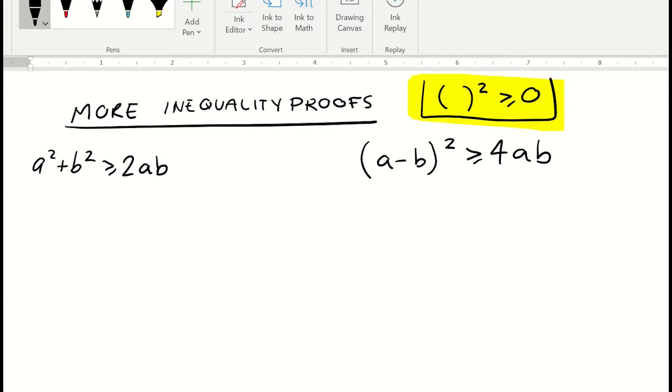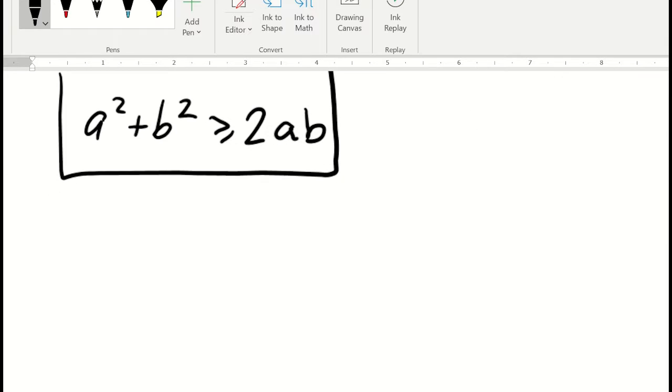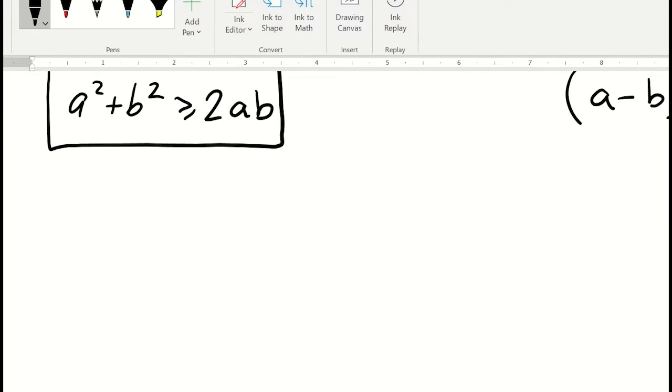Okay, so straight away, if I'm just looking at this one here, I want to write that in a way that I could say something squared is bigger than 0. So I say, well, hang on, is this left-hand side the same thing? Could I say that a minus b? Now, it doesn't matter if I do minus or plus in there, you will eventually get the same result anyway. But then I think to myself, okay, well, hang on a second.